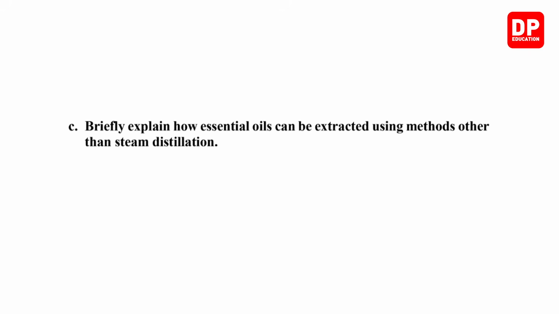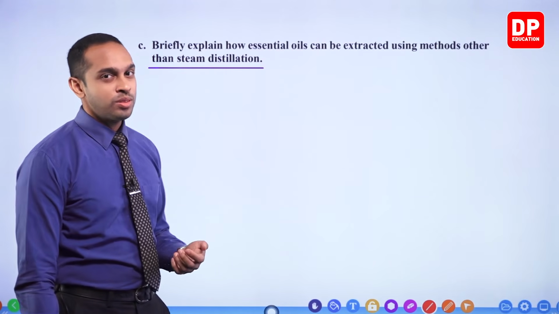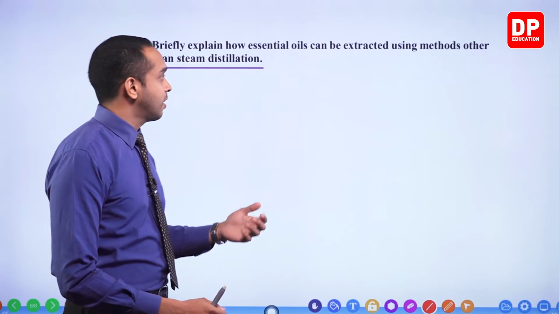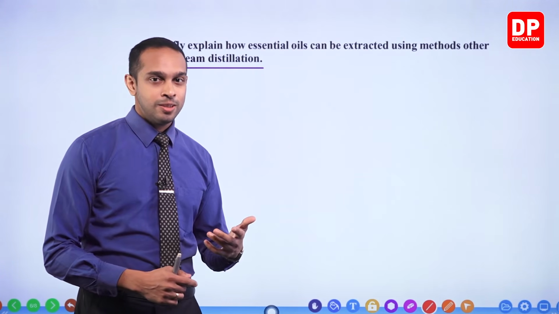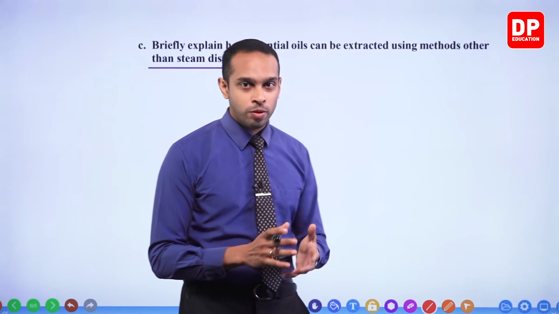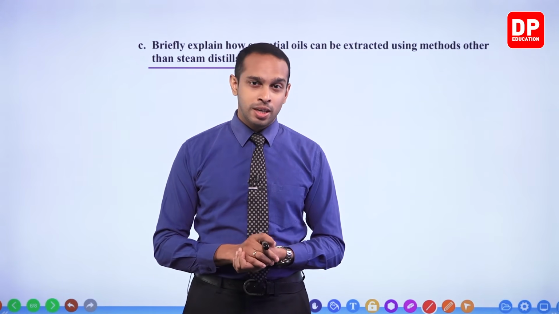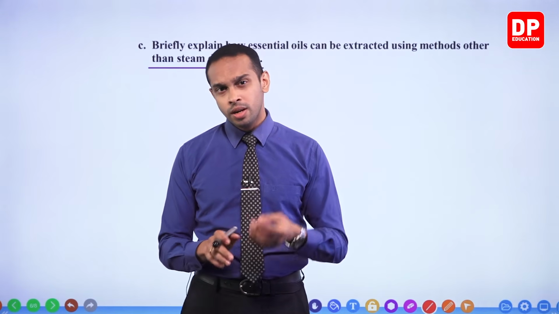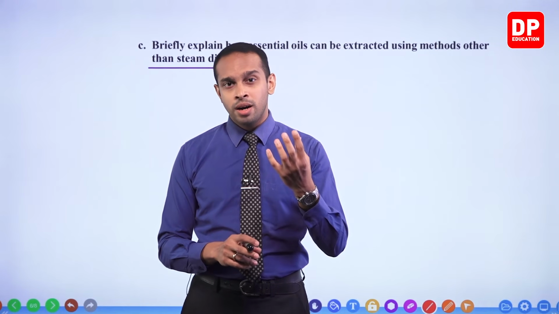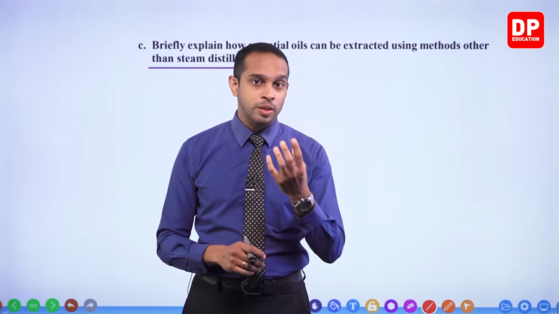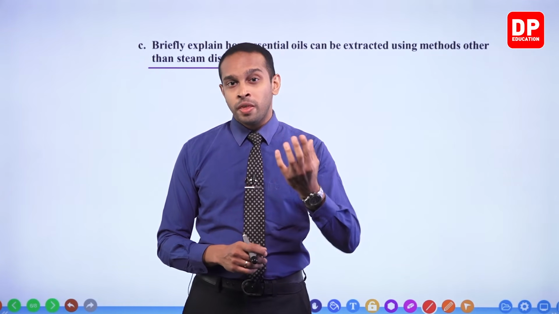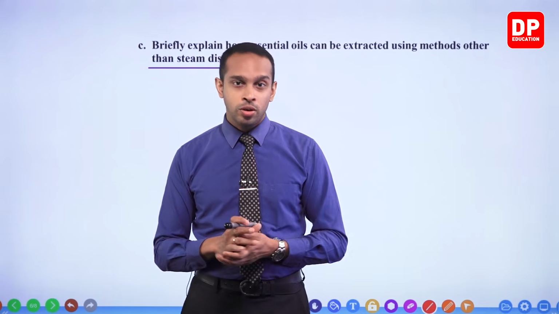Now, the steam distillation method we did explain, and now we are expected to explain the other methods. I gave you a brief overview of the other methods, students. Here again, to give you a little bit of an overview, when it comes to solvent extraction, essential oils are not very soluble in water. These are organic substances, so they will be soluble in organic solvents.